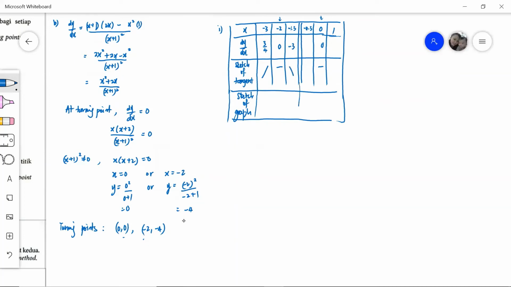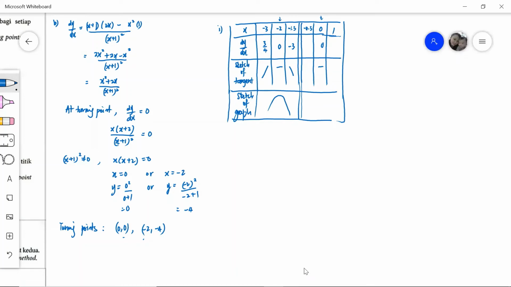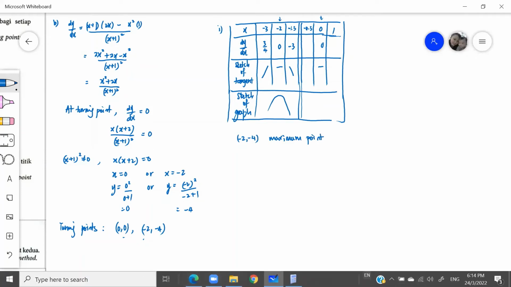So for this part, the graph formed looks like a sad face graph. That means we have a maximum point. So here we can make a conclusion: (-2, -4) is a maximum point.